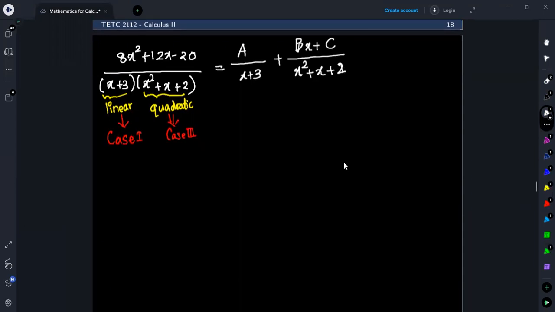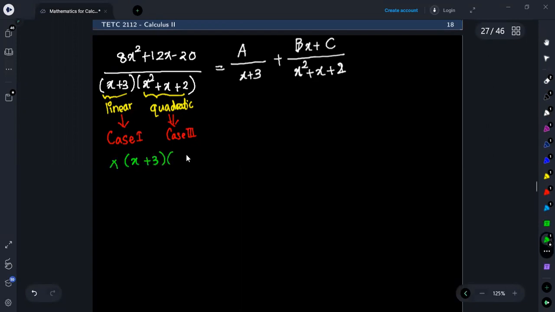As the next step, we have to multiply both sides of this expression by the polynomial Q(x), which is (x plus 3)(x squared plus x plus 2). Then the left hand side remains 8x squared plus 12x minus 20.